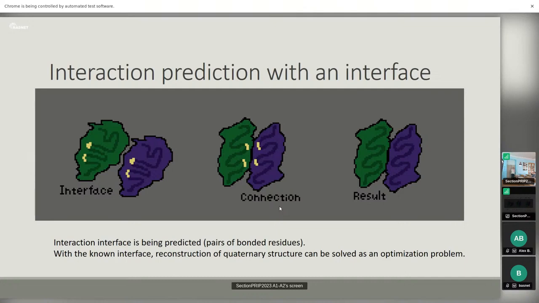We may predict this interface with some machine learning approach, and then if needed, we can connect two components, like solving an optimization problem.